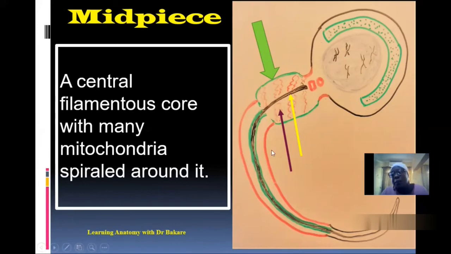And this will be supported through the ATP that is produced by the mitochondria. So you see a number of mitochondria in this region that help to produce ATP that the tail can use up to generate energy so that they will be able to give a propelling action for this sperm cell to be able to move through.